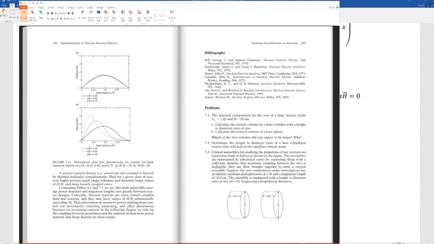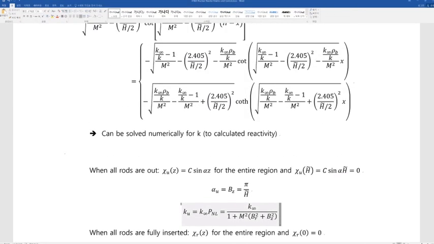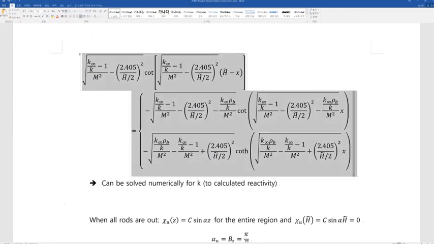I also would like to show you that we are able to develop these. Previously I told you that we need to numerically solve this equation.